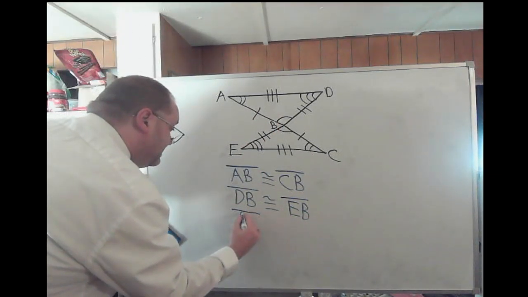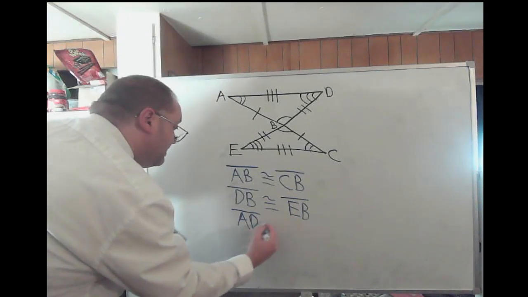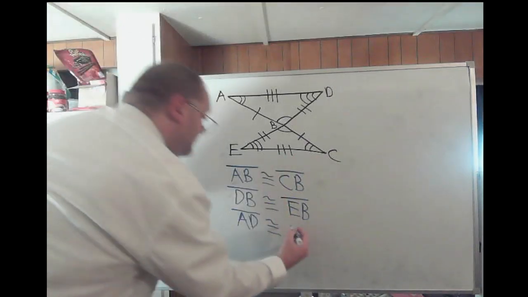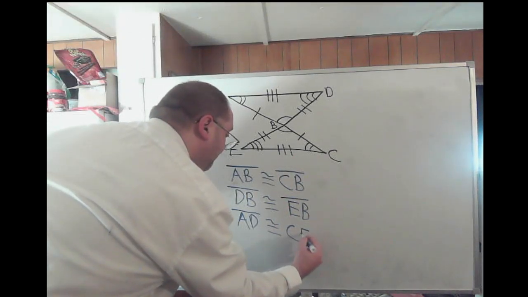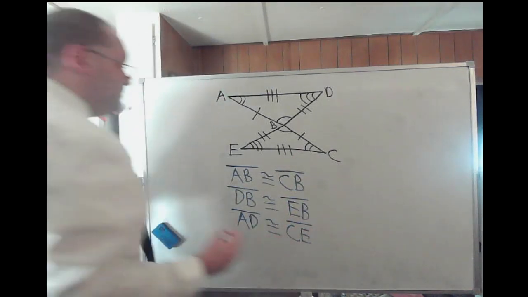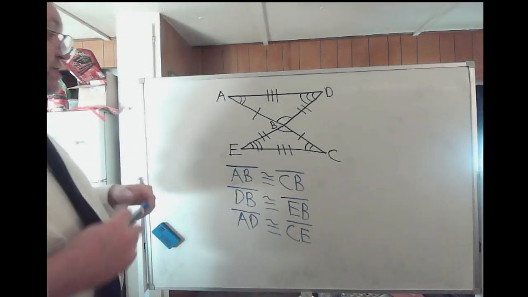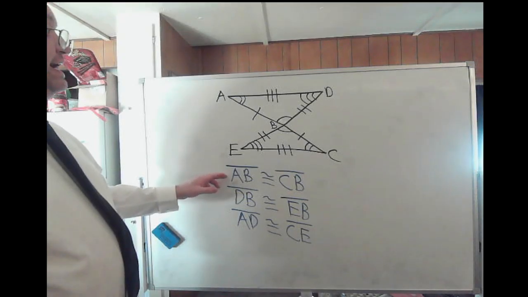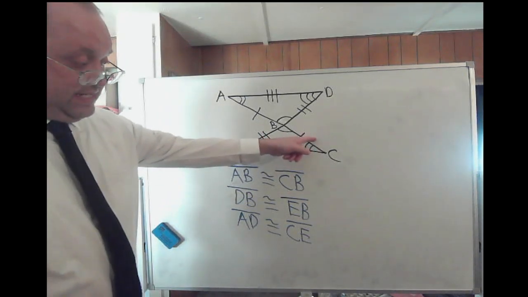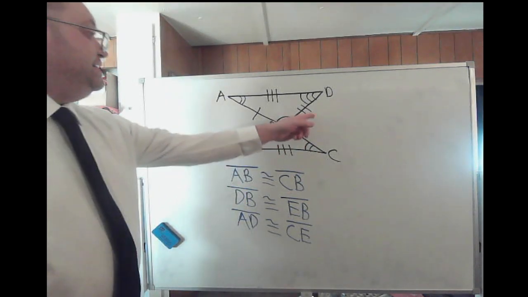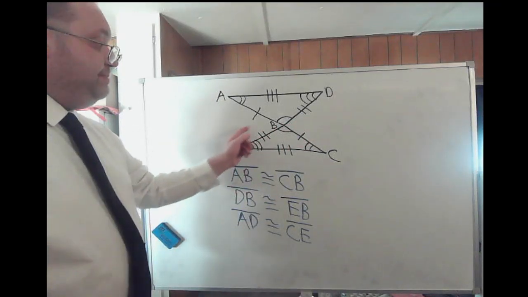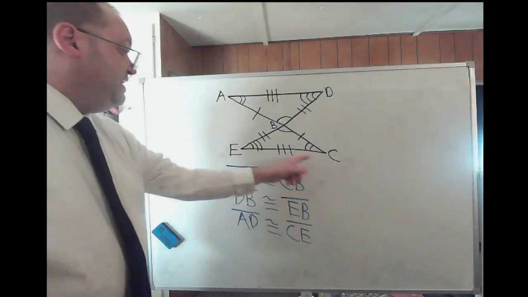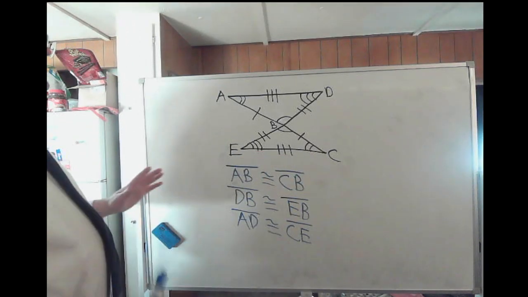Looks like AD is congruent to CE. So for sides congruent, all the sides we got: AB is congruent to CB, DB is congruent to EB, and then AD is congruent to CE. We got our congruent sides.